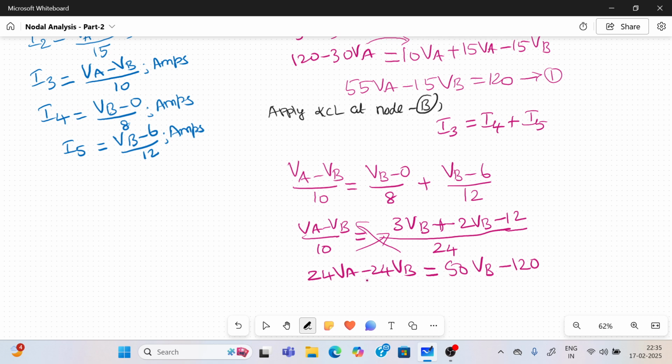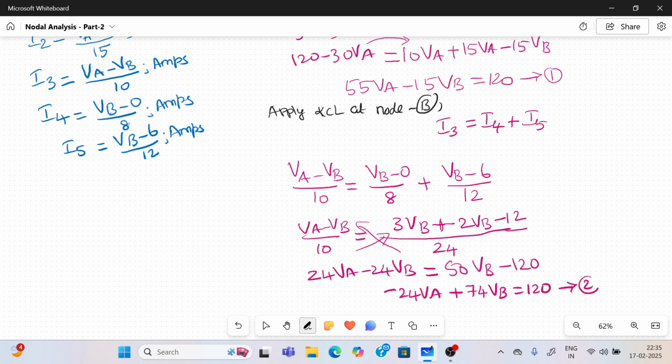Now we have to bring this side and this side, right? You have to change this. So finally minus 24 VA plus 74 VB is equal to 120.